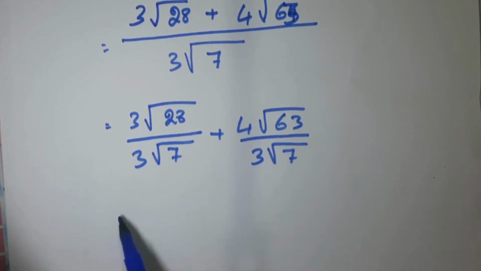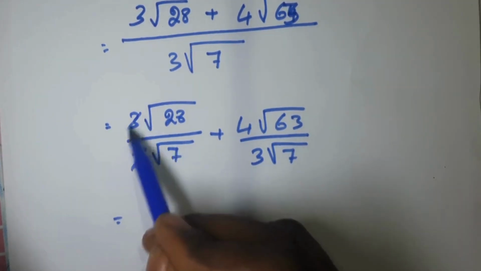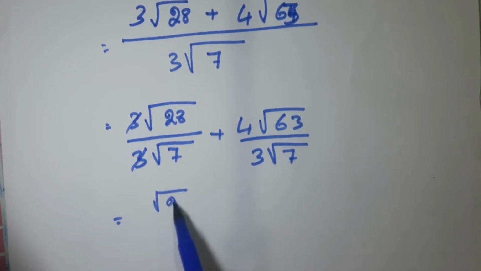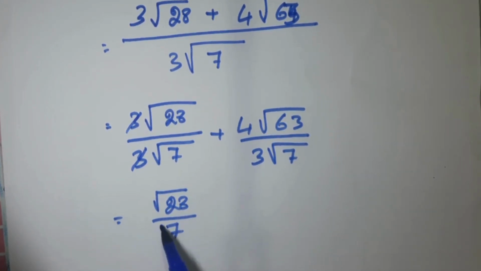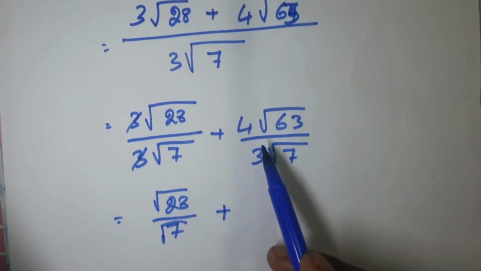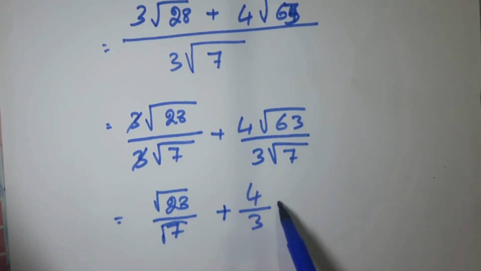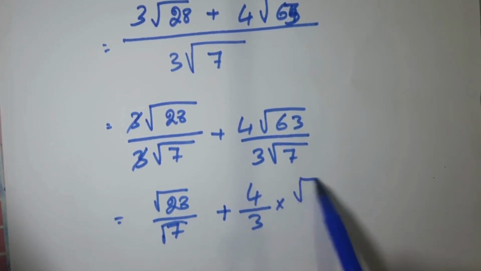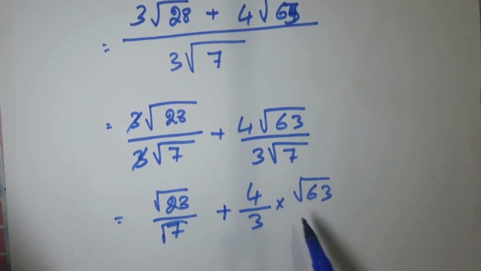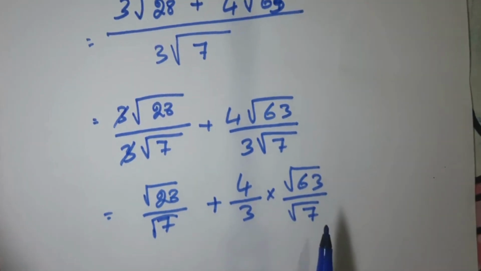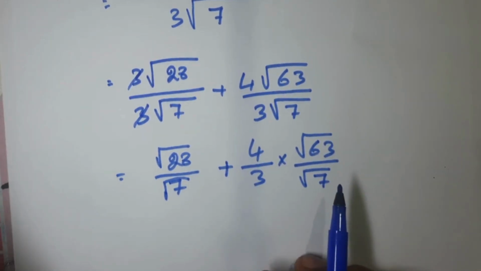Now this 3 and this 3 will get cancelled, so square root of 28 divided by square root of 7, plus we are taking this 4 by 3 out, and square root of 63 by square root of 7.